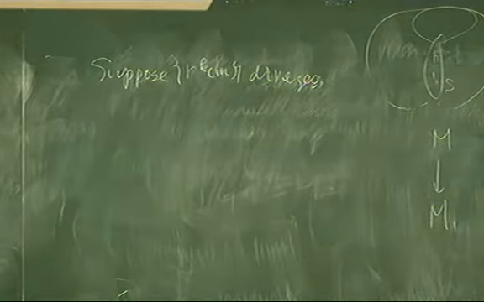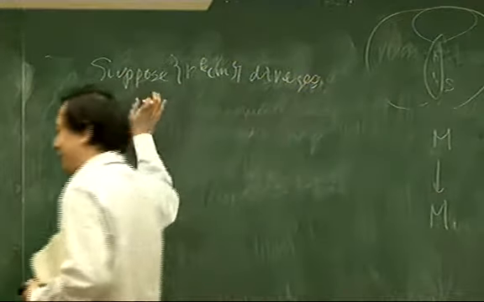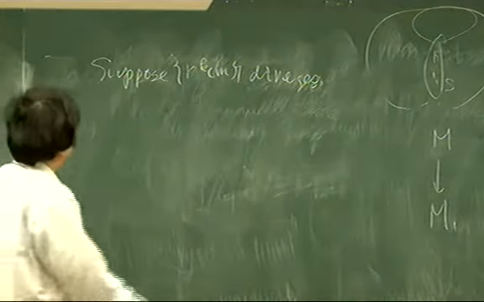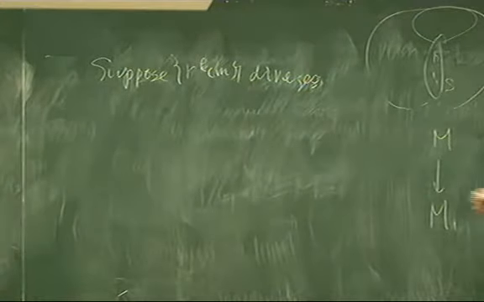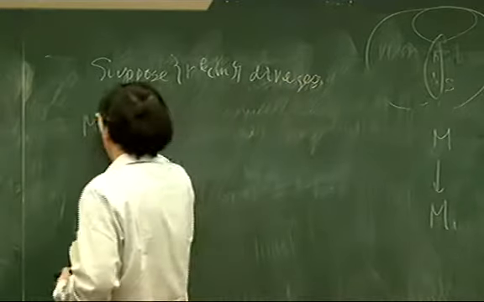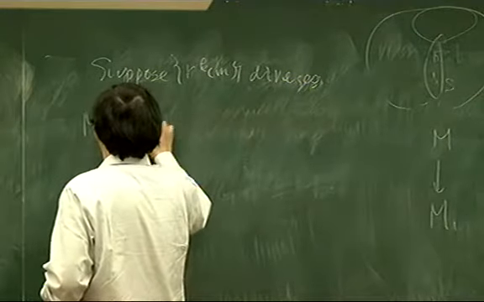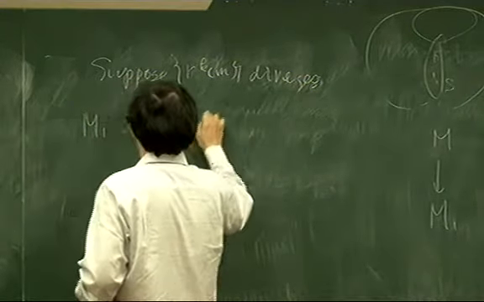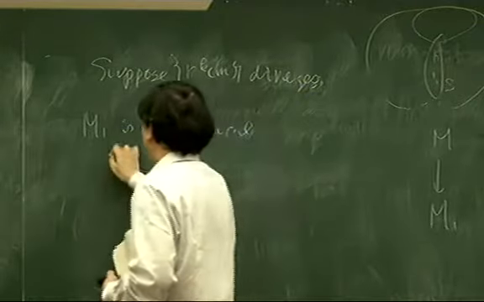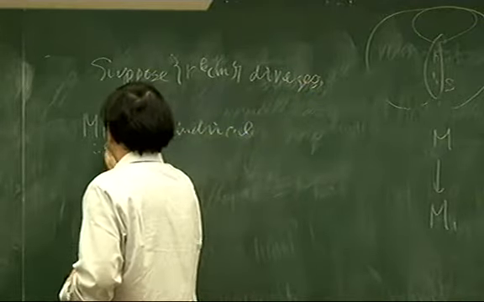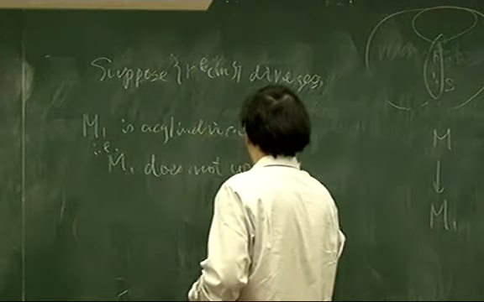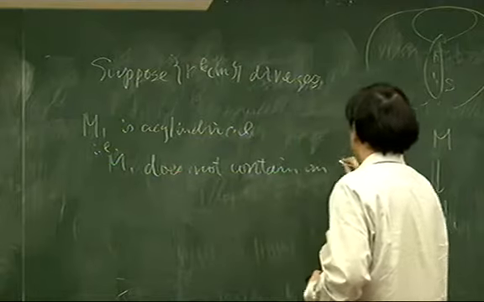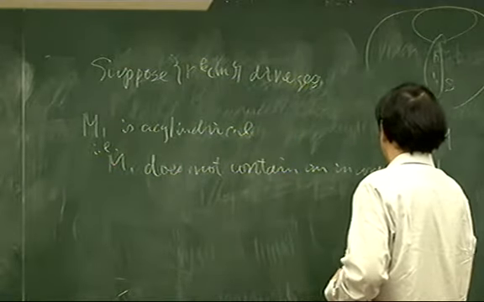And well, to show how he argued, we need another assumption: suppose M1 is acylindrical. That means M1 does not contain an incompressible annulus.